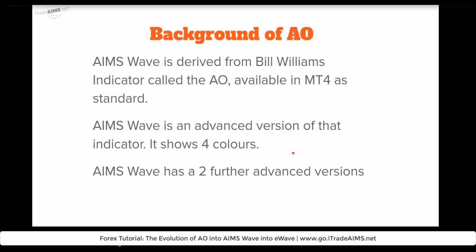And Ames wave has 2 further advanced versions. Of the 2 further advanced versions, I'm going to talk about the next level one, which is my favorite, the Ames E wave.